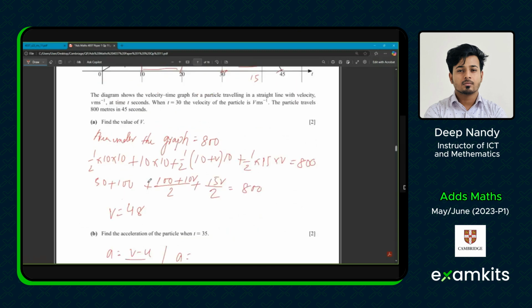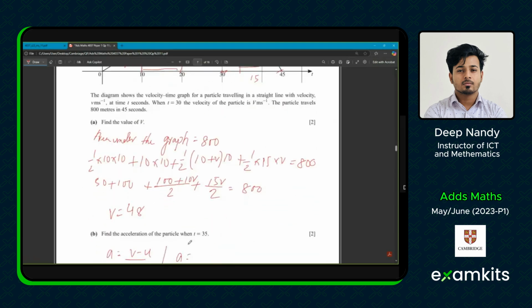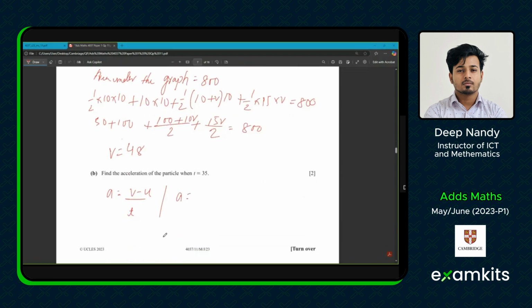Acceleration when t equals 35. So t equals 35 is from somewhere here, and the velocity is given by 48.